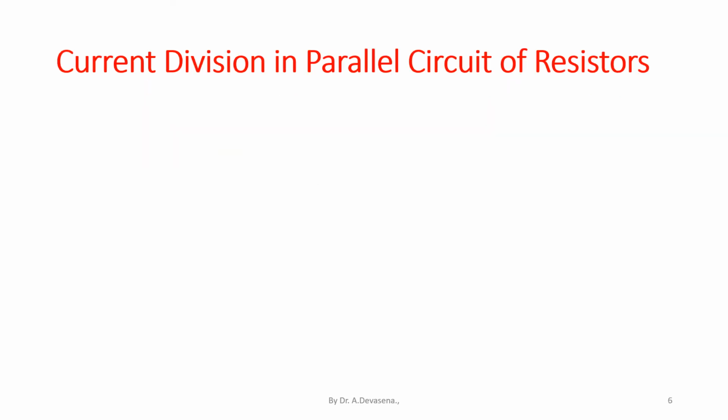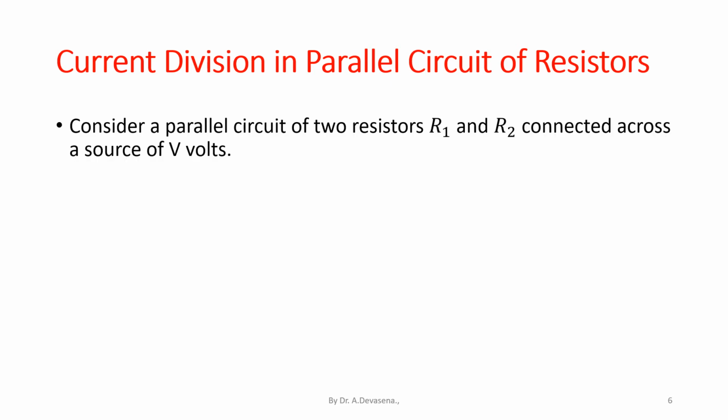Now we discuss current division in a parallel circuit of resistors. Consider a parallel circuit of two resistors capital R1 and capital R2 connected across a source of capital V volts.